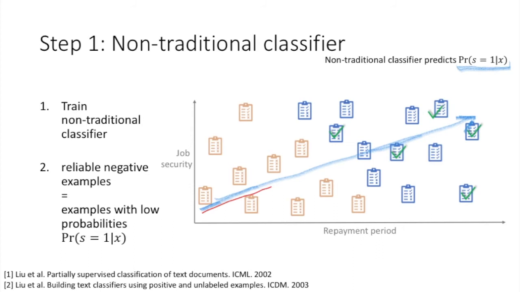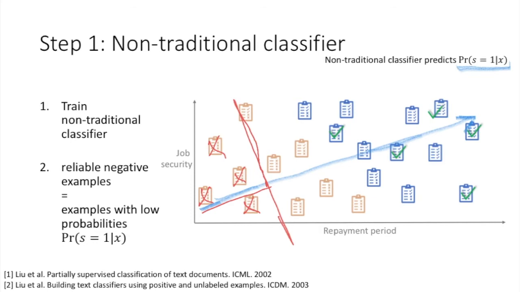One way to do this is to just define a threshold. Everything with a probability lower than this point is reliably negative. So this would be by finding a perpendicular line on the probabilities. Now these 4 examples would be labeled as reliably negative.